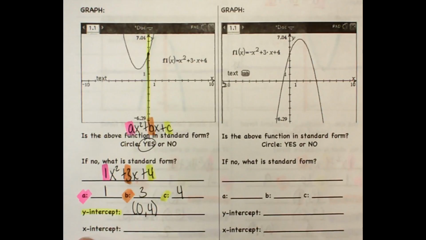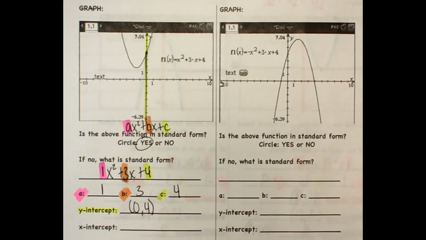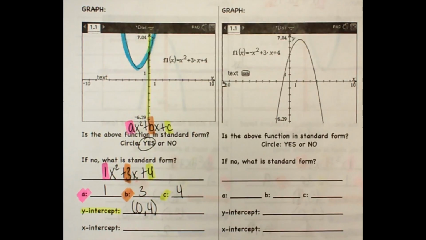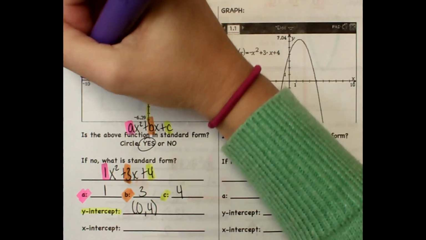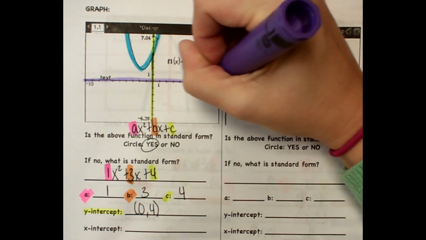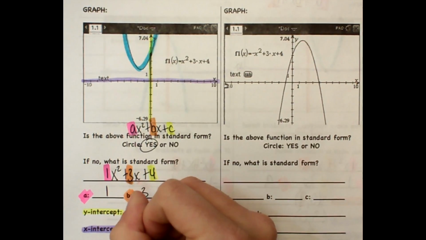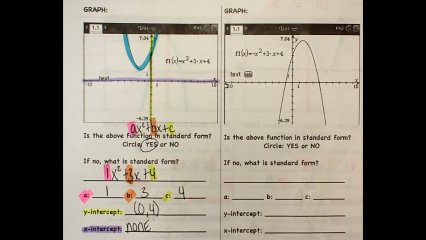The next question is the x-intercept. Does my graph cross the x-axis anywhere? In this case, no, it does not touch the x-axis at all. So that means that it has, we'll just write the word none.